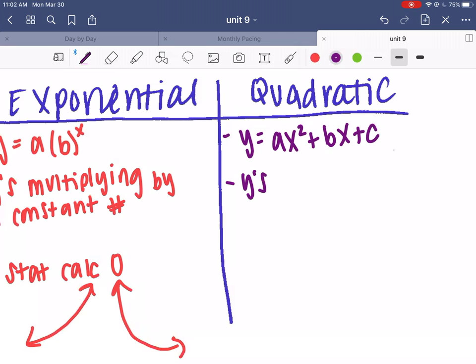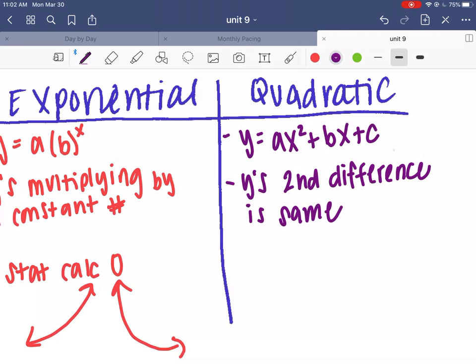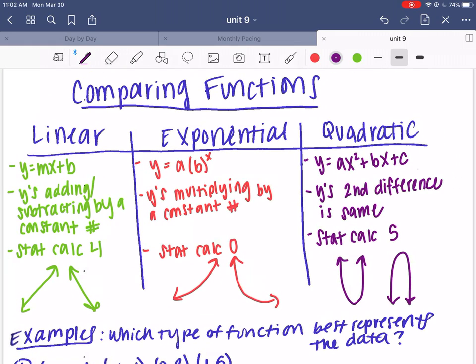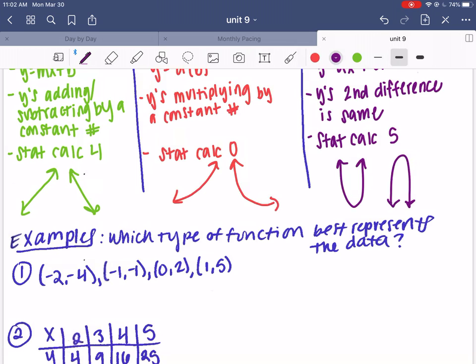For these, our second difference is the same, and you'll see what that looks like in just a second. In the calculator, we do stat calc 5, and the graph either smiles up as a parabola or frowns down as a parabola. So that's just to remind you of the very basic things that we've learned about each of those types of functions.